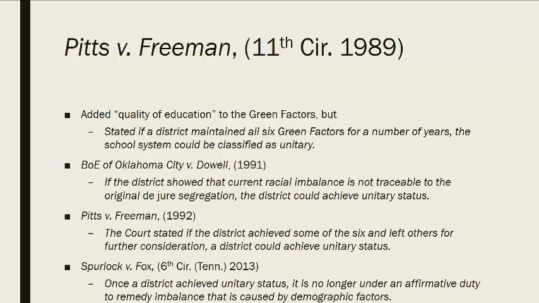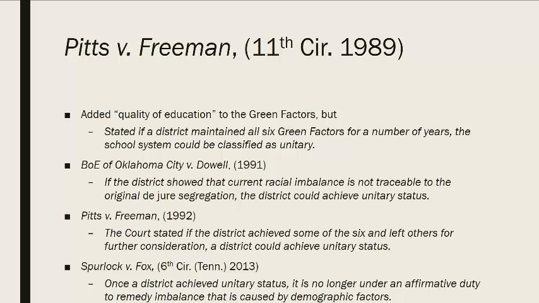Here we see the Oklahoma City case finally being litigated in front of the court. And what was happening in Oklahoma City, the court ruled if the district showed the current racial imbalance is not traceable to the original legal segregation, the district can achieve unitary status.